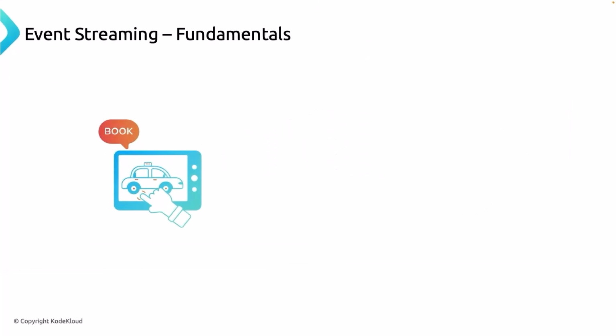Let us say that you're trying to book a taxi. What would you do? You would open the app, then put in the location where you want to go, and then you book the taxi. What happens now is a broadcast event has been sent to all the nearby taxis asking if they want to accept a particular ride.